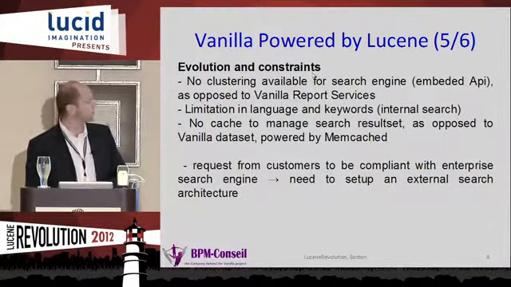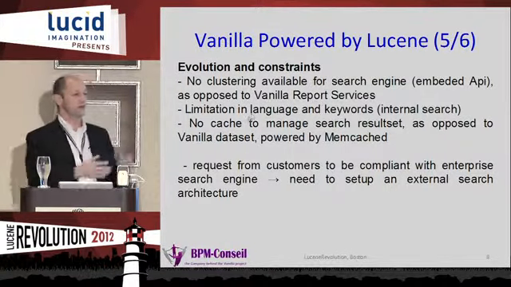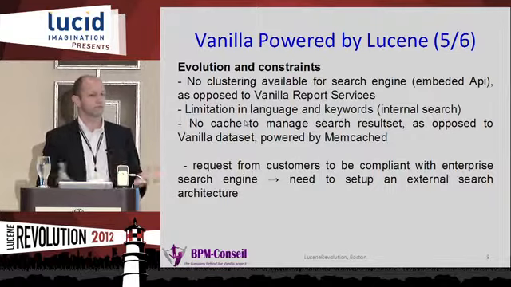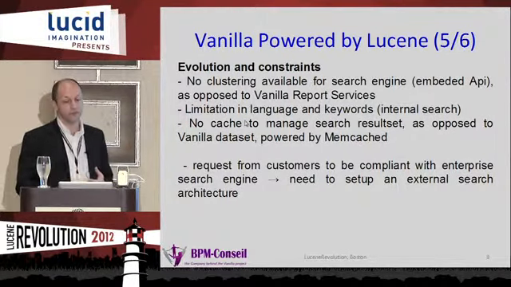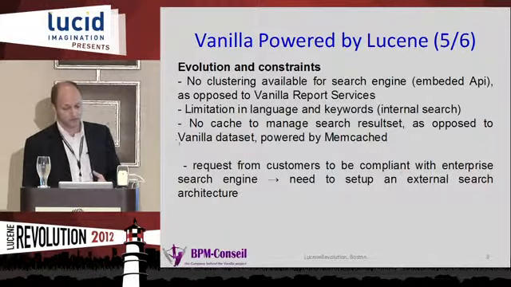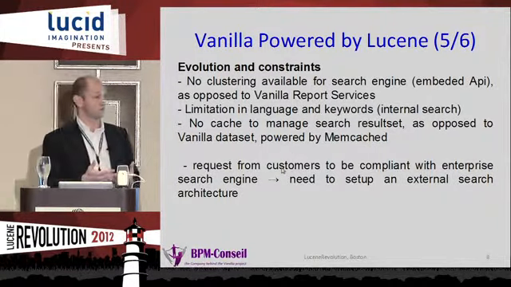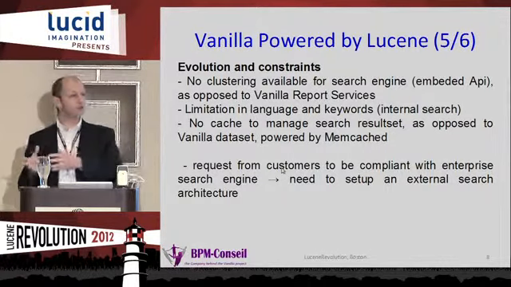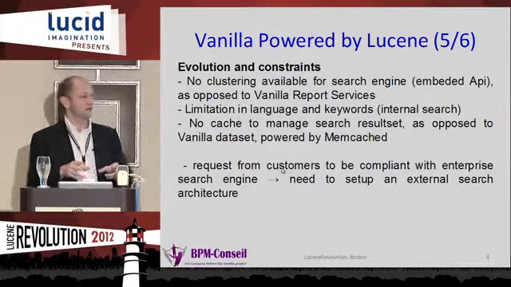Another thing, and with those three things, during 1 year and something, it was okay. It was a limitation, but it's running. But we decided to move to something else based on the second thing. Some customers started to have Solr Lucene, and they said, why do you have Lucene and we have Solr Lucene? Why should I have two indexes?